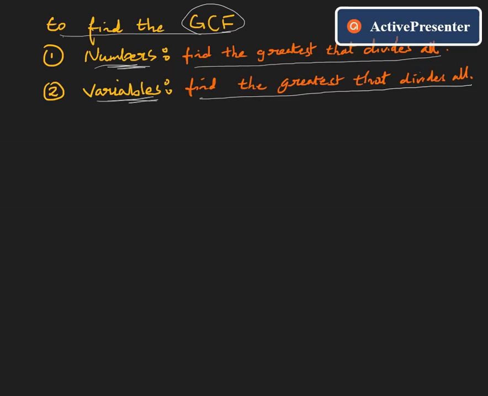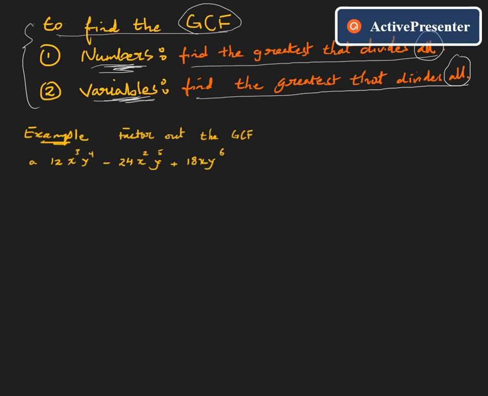This means that it should be common. If we say all, it should be common. If it is not common, then it is not the greatest common factor. So a simple rule: find the greatest that divides them all, for numbers and variables. We will see examples together and apply this rule as you proceed.